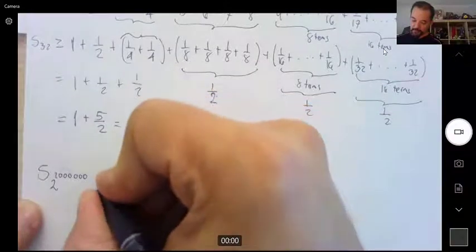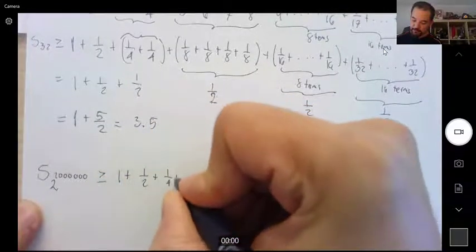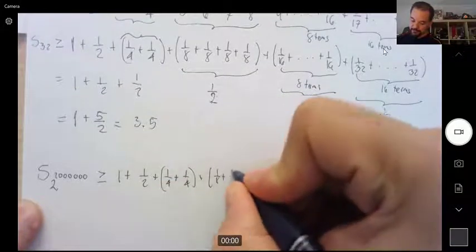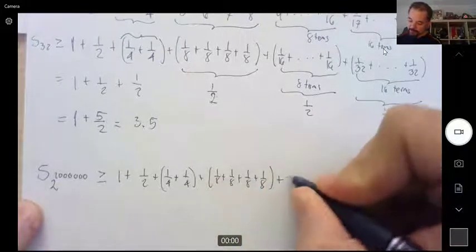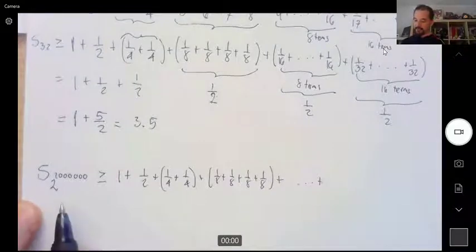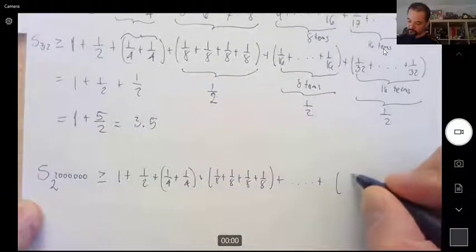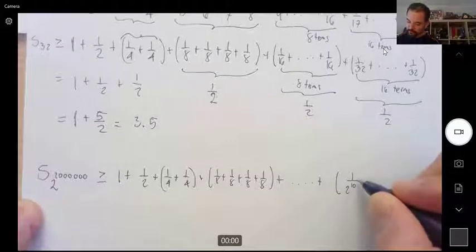I'm gonna write that this is bigger than 1 plus 1/2, then 2 1/4, then 4 1/8, and then etc., right? And the last term that I'm gonna have is 1 over 2 to the 2,000,000.